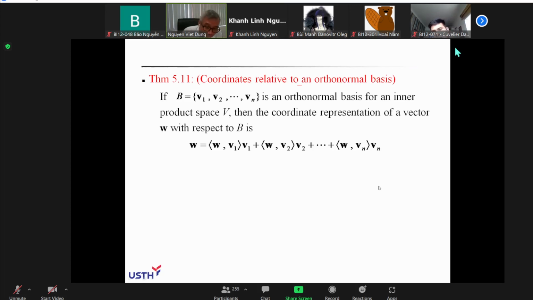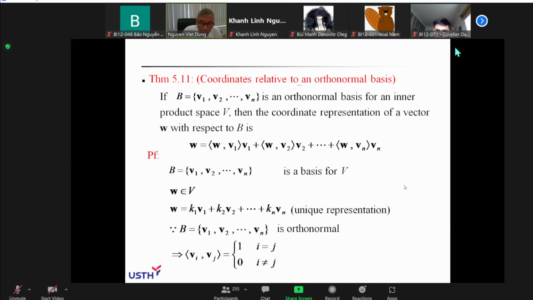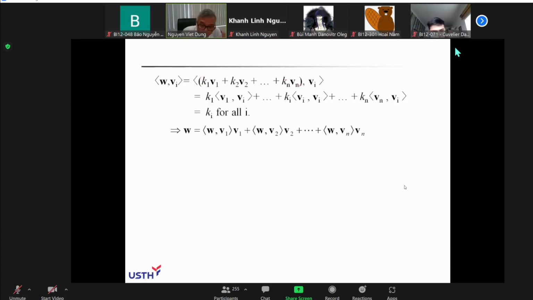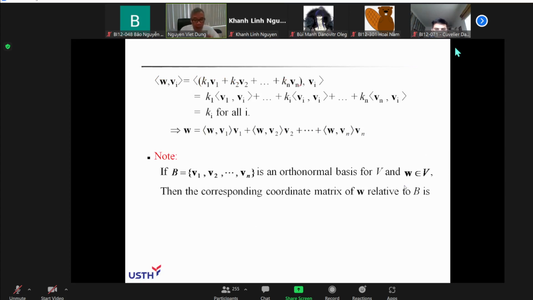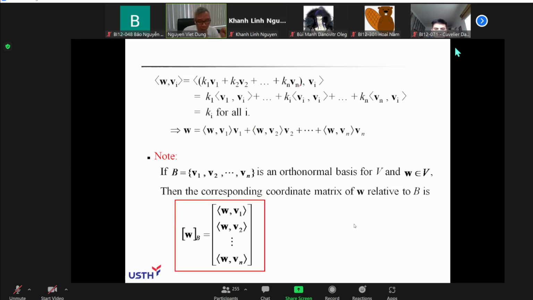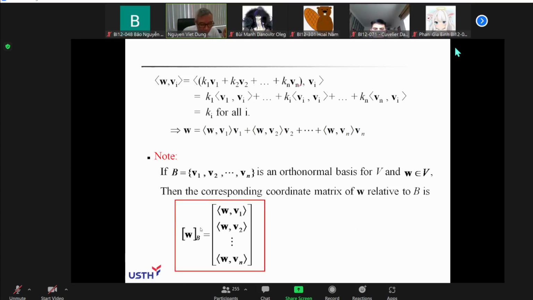It is explained here. I will not stop at the explanation. I don't like it, but I want to explain to you by looking at it another way. Here, B denotes an orthonormal basis for V, and W is any vector inside V. Then the corresponding coordinate matrix of W relative to the basis B is given in this form.